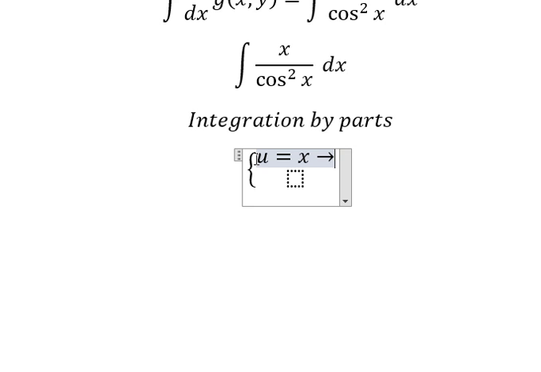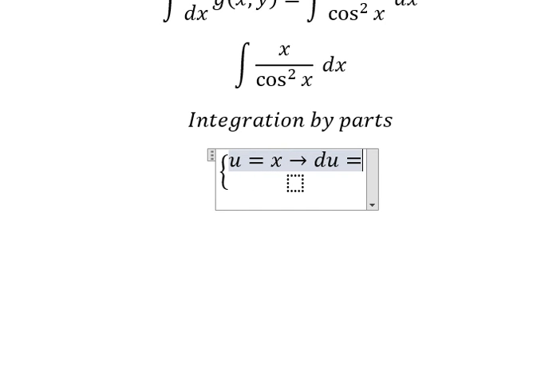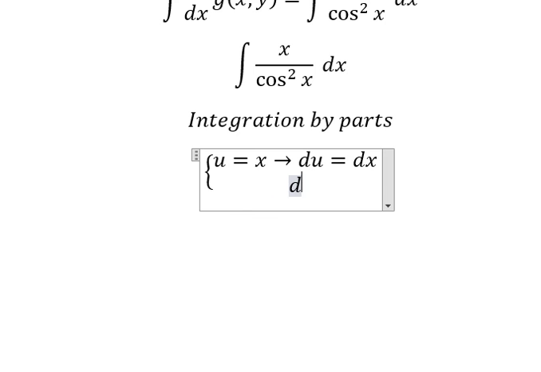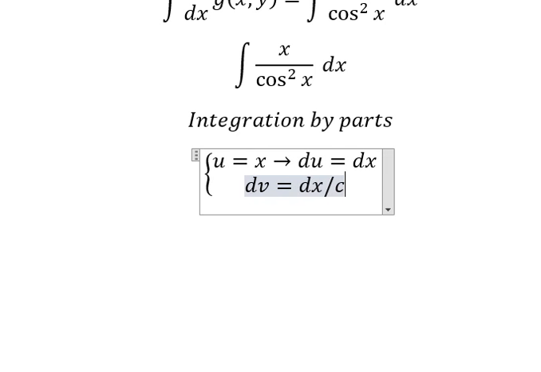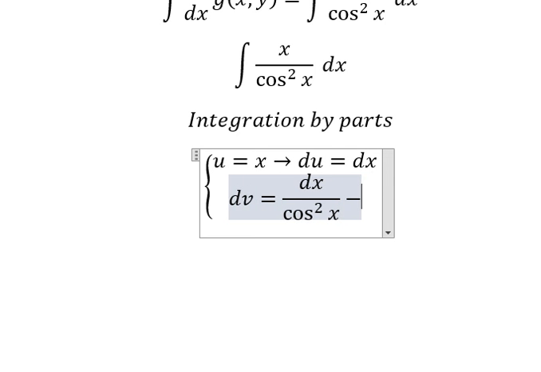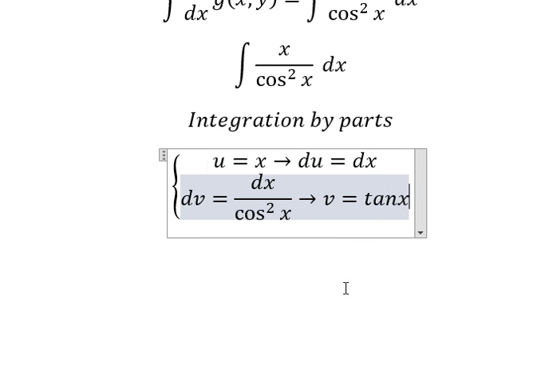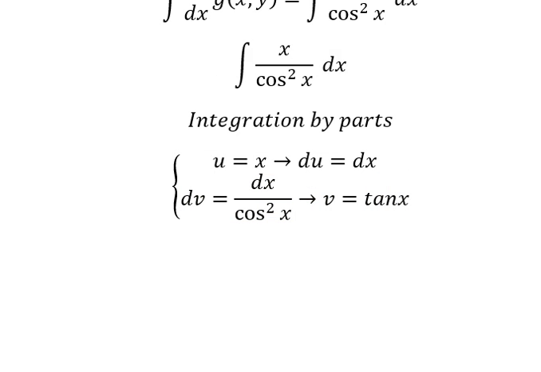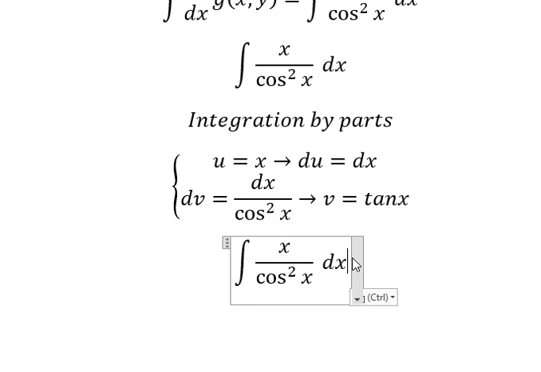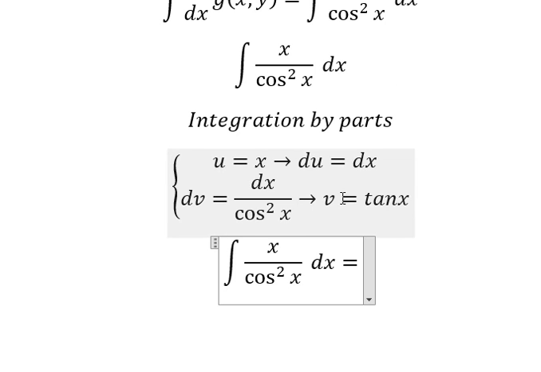Later that, we need to do first the derivative for the both sides. And we have the du equals to the dx. dv, we have the x over cosine x square. So the integration of this one, we have v equals to tan x. So we have u multiplied by v.